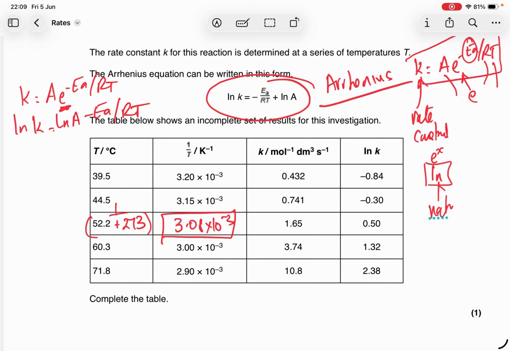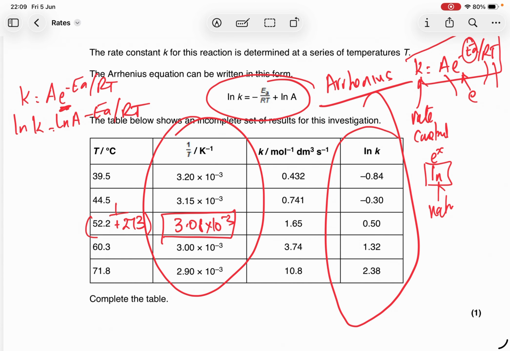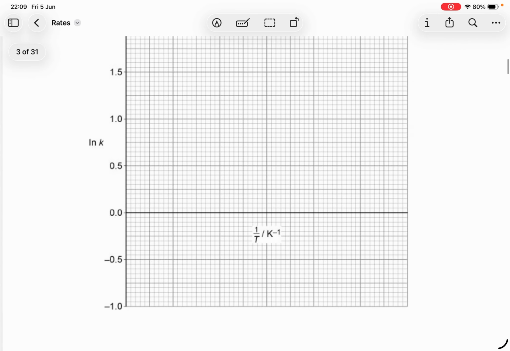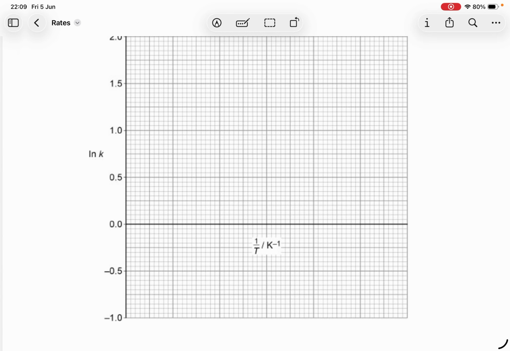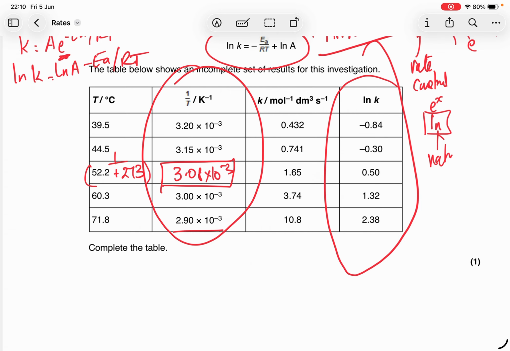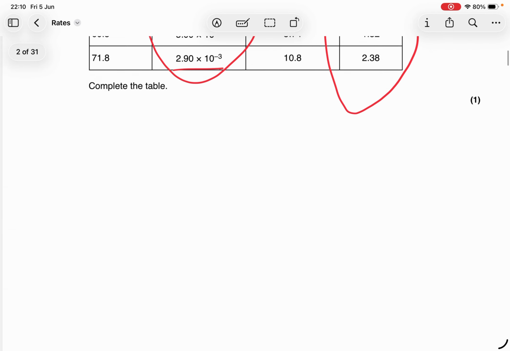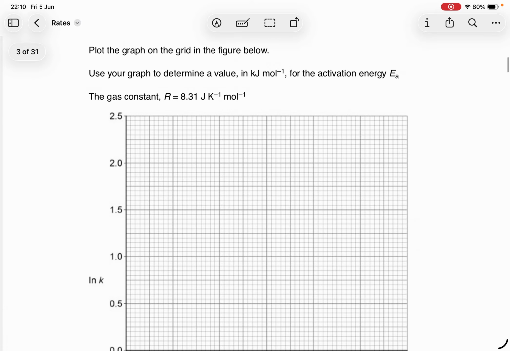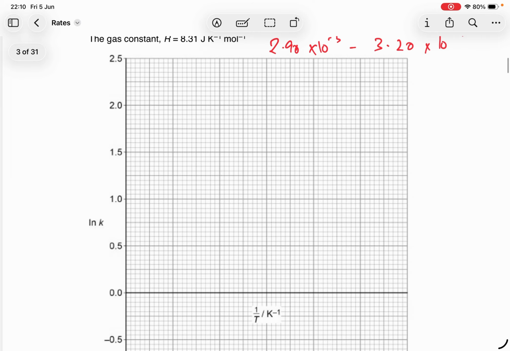The question is asking you to plot a graph of natural log k against 1 over T. You are given the y-axis, so you need to plot the x-axis, and depending on how you plot the graph, you need to go from 2.9 times 10 to the minus 3 to 3.2 times 10 to the minus 3, using the equation, the axes there.